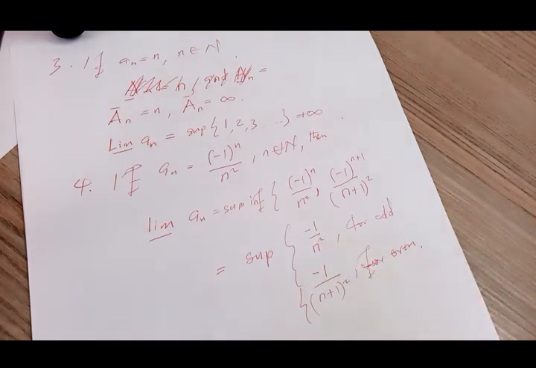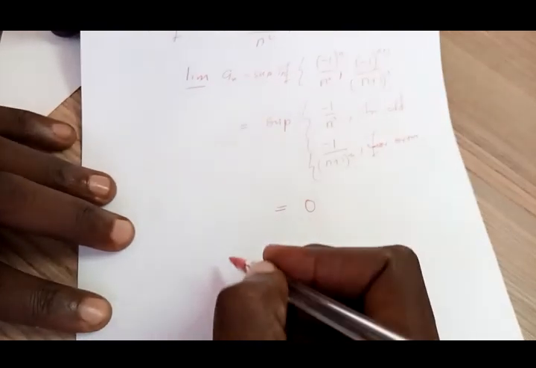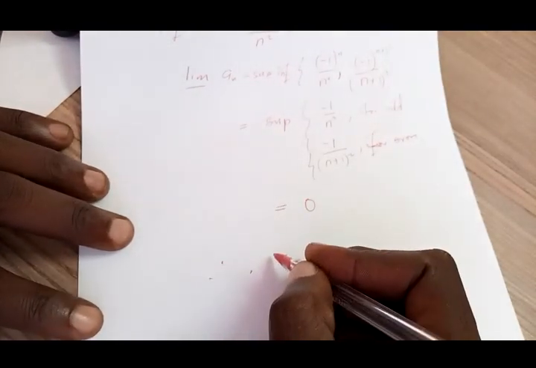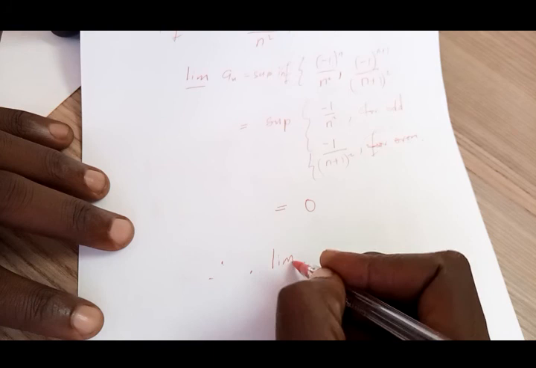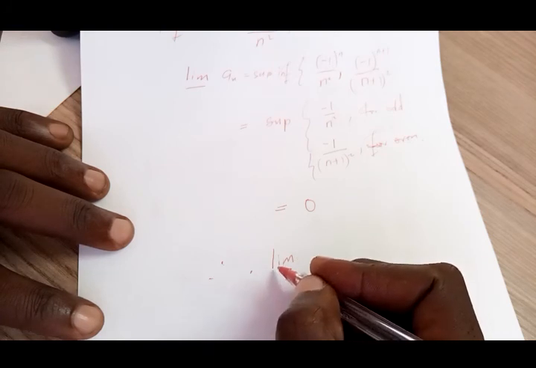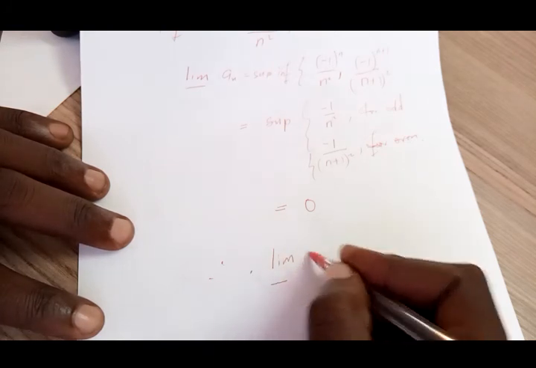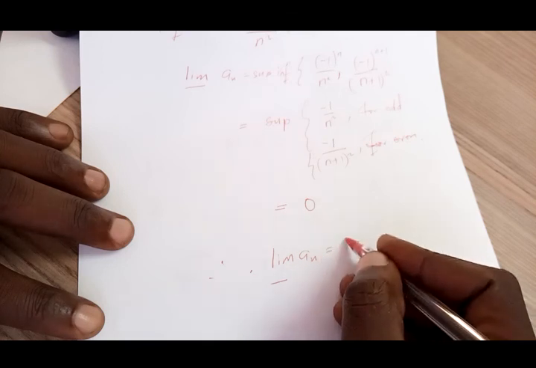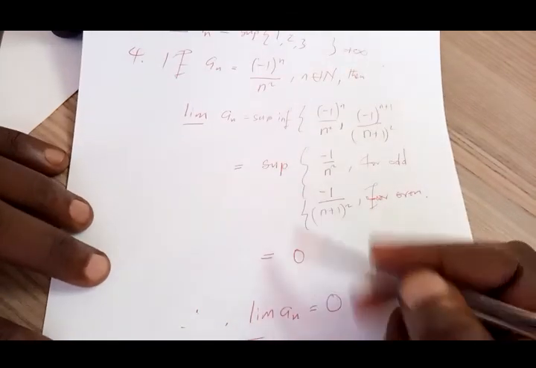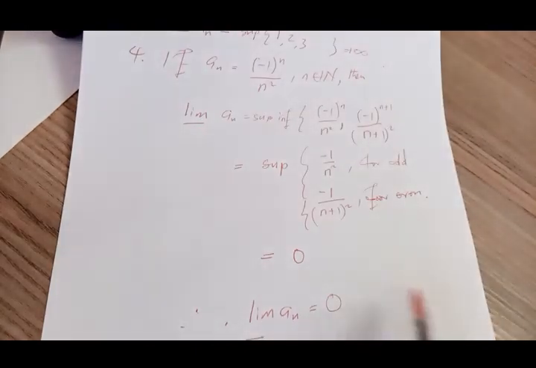So my outcome will be 0. Therefore, what is my conclusion? My conclusion is that the limit inferior of a_n is going to be equal to 0. This also applies to the limit superior.